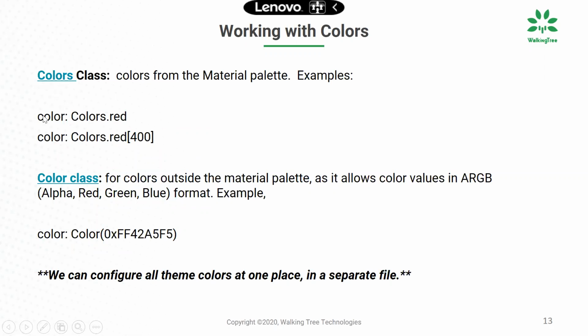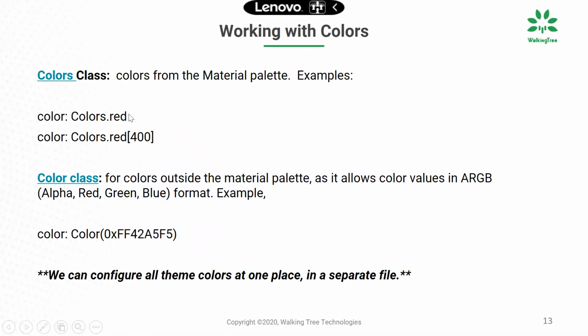So let's say, for example, this is my text widget, and I want to change the color of the text widget. So I set the color property, and I say Colors.red. So this is that class, and this is the static constant. So this is how I will use it, and the text color will be red.